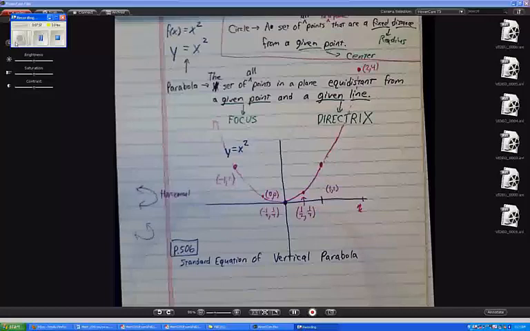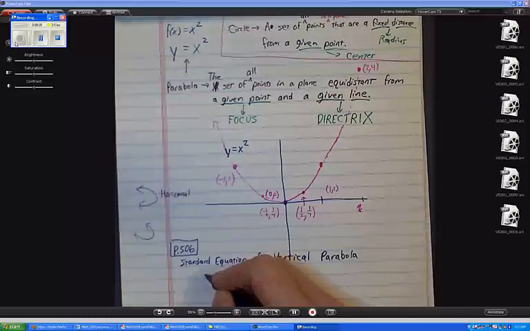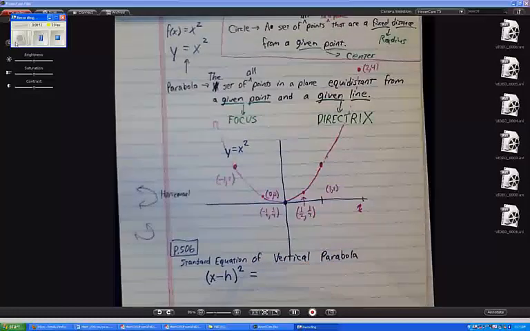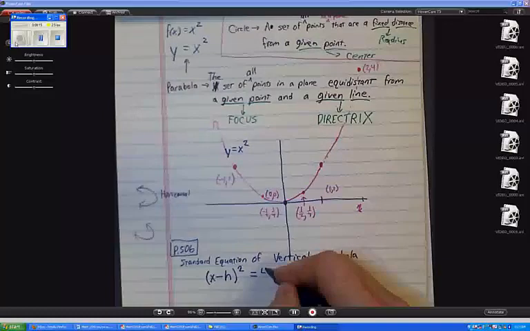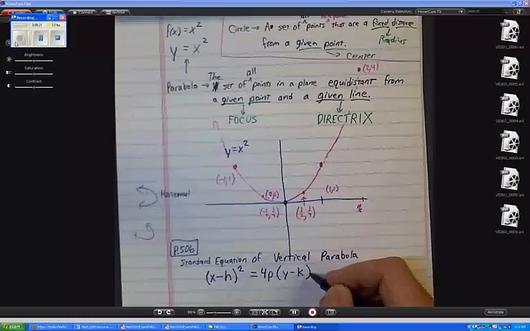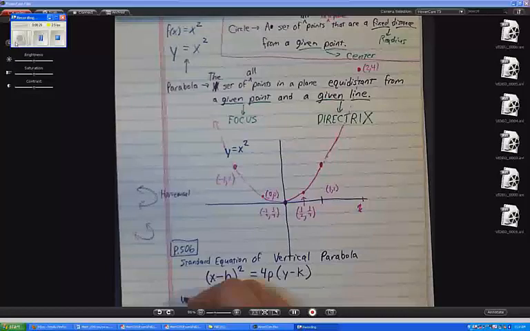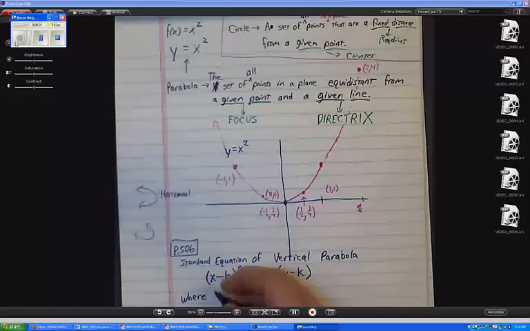Well, what do they give me? They give me the following equation. They say it is (x minus h) quantity squared equals 4p times (y minus k), where, well, I bet you're going to know what that is.